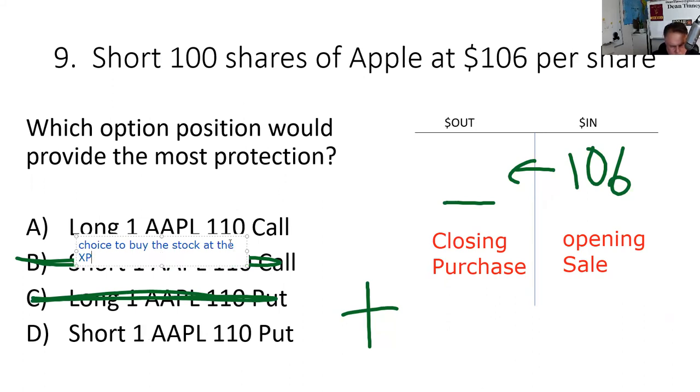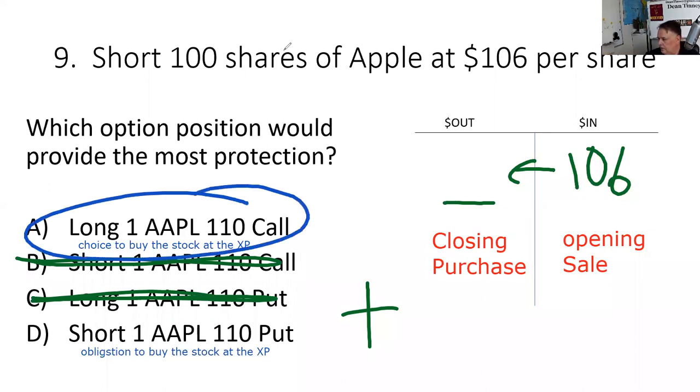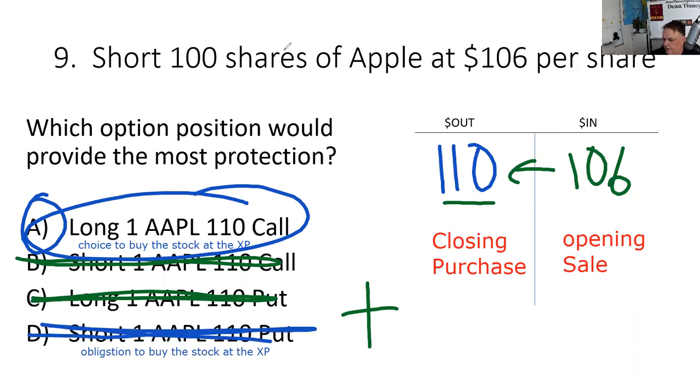And this is an obligation to buy the stock at the strike price. And so what gives you more protection? An obligation or a choice? By the way, this is pretty smart because I no longer have unlimited risk, because if I do this, anytime I want, I can buy back the borrowed stock. And so the answer is A. A choice is always better protection than an obligation. Always better protection.